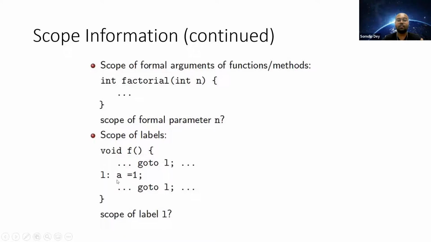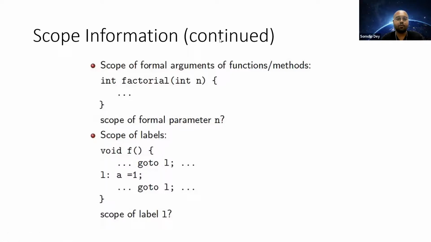It continues with the statement a equal 1, and then you might have a few more statements in between and go to L. So what if I ask you the scope of the label L? In this scenario, the scope of the label L is the lines between where L is defined. So you are defining the label L here, and then declaring the statements under the label L. So the scope of label L is only within those lines within the function f.